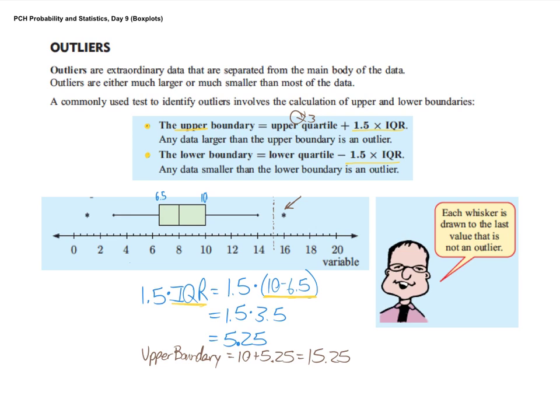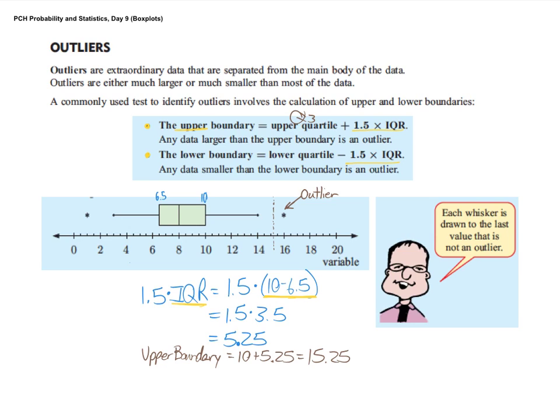You can use a little X, you can use a little star, something like that to indicate that that is an outlier. An outlier is simply a data point that's beyond a reasonable distance away from all the other data.